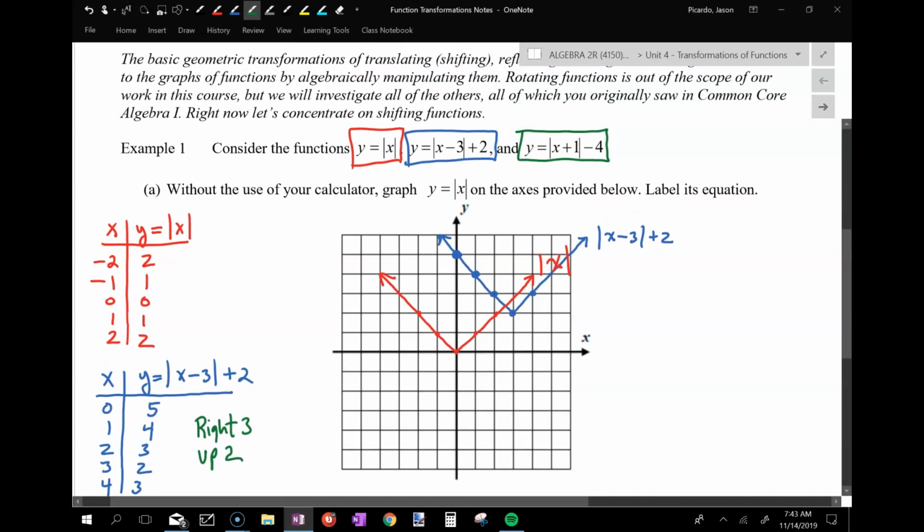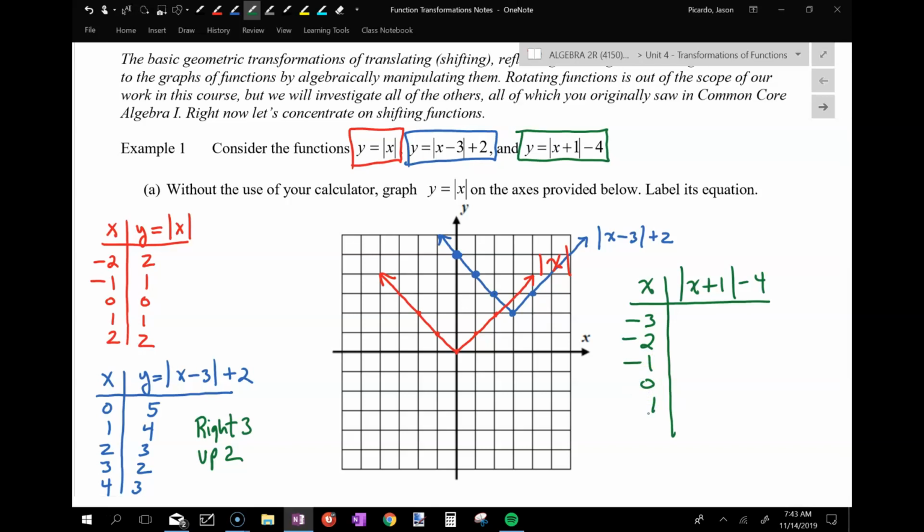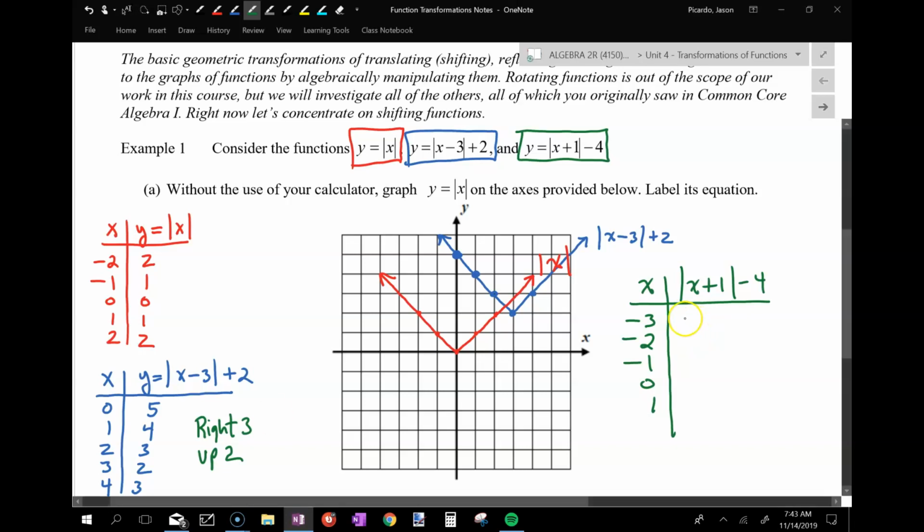All right, so we're going to do another t-chart with that. And again, because I'm a math teacher, I kind of know what is going to happen here. I'm going to use these values. All right, negative 3 plus 1, absolute value, 2 minus 4. Negative 2 plus 1, absolute value, 1 minus 4.